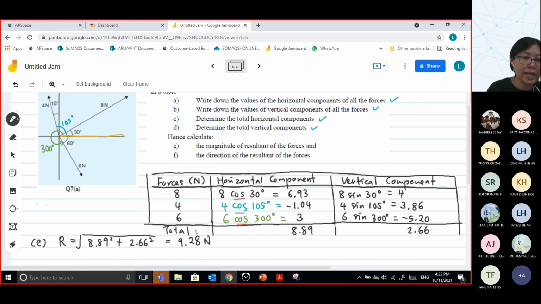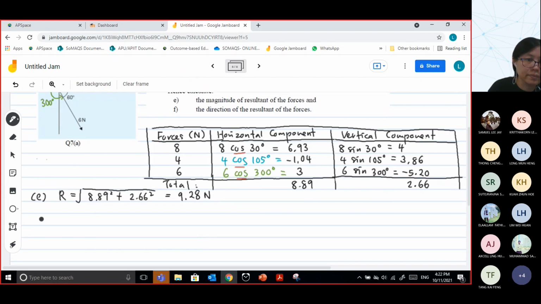Okay, 9.28 Newton, right? And next one is the direction.